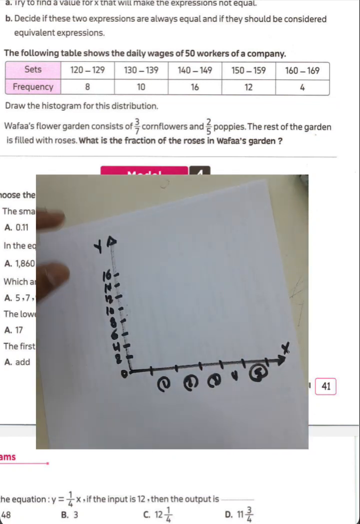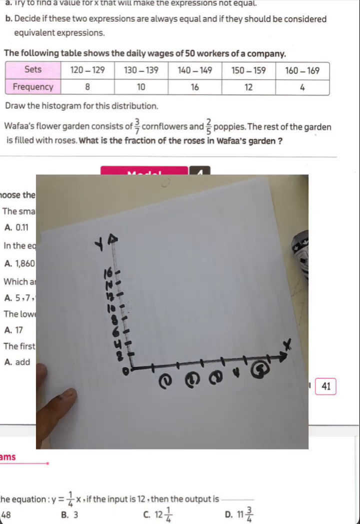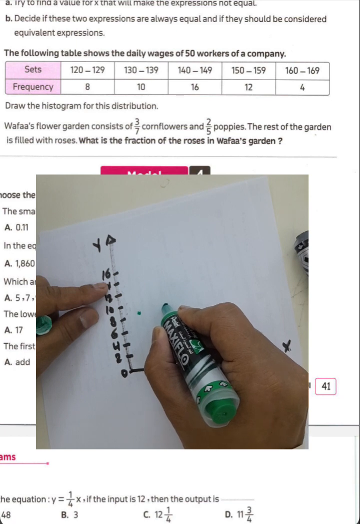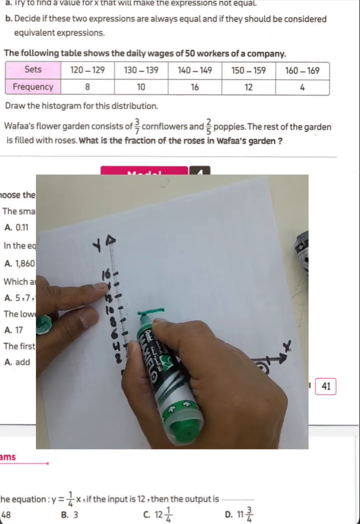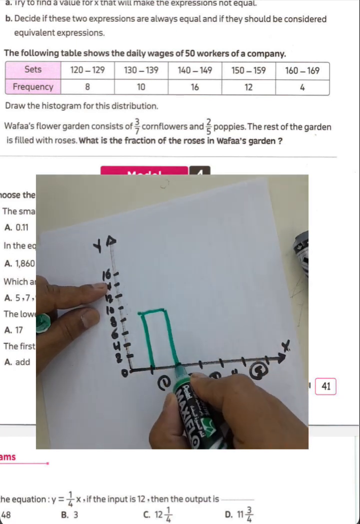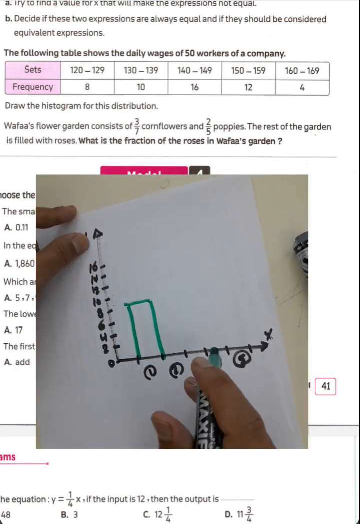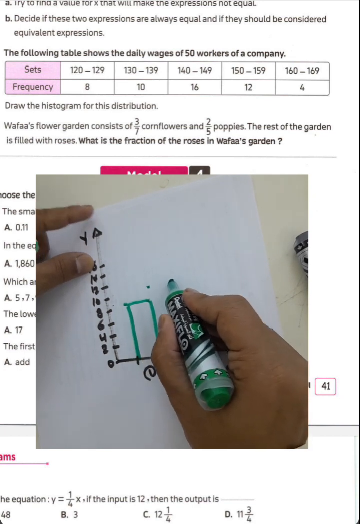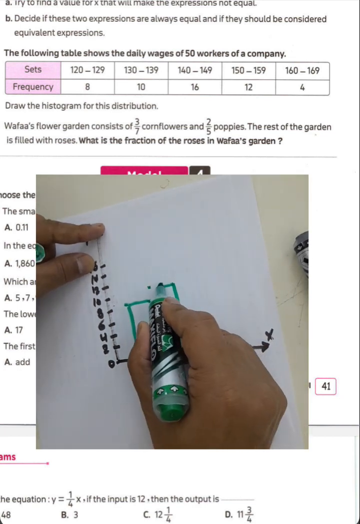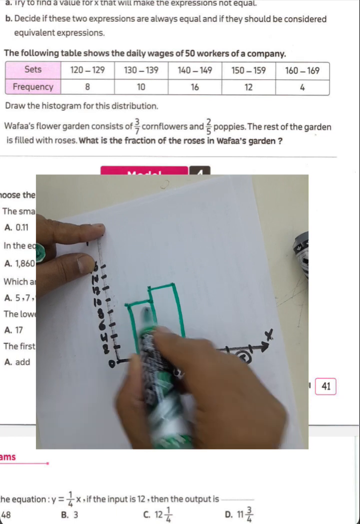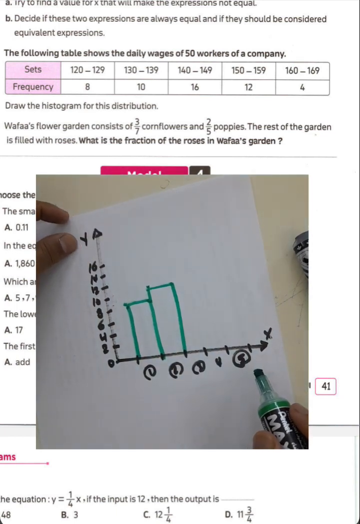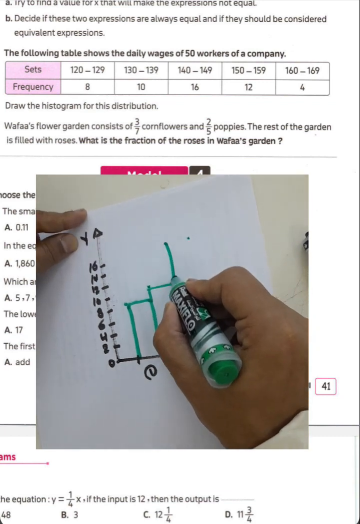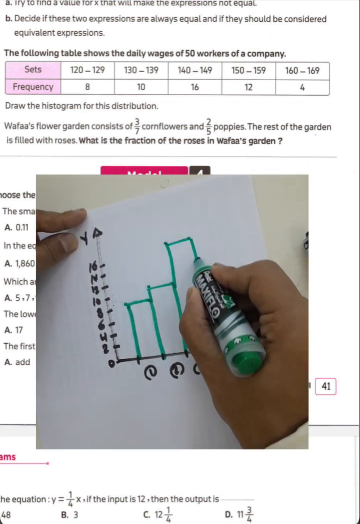And then put a point for the first interval at 8 here, drawing by using the ruler, the histogram here, and the second interval at 10, put the point at 10 here, and draw the vertical, and the next at 16. Draw.